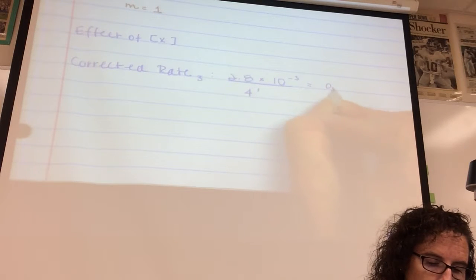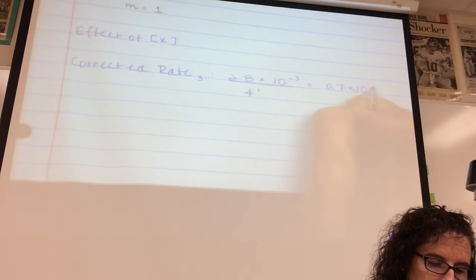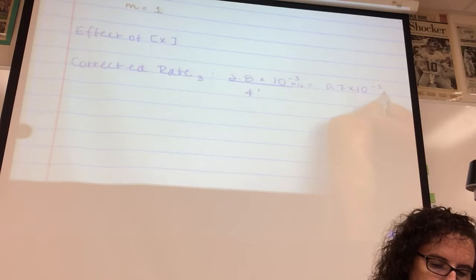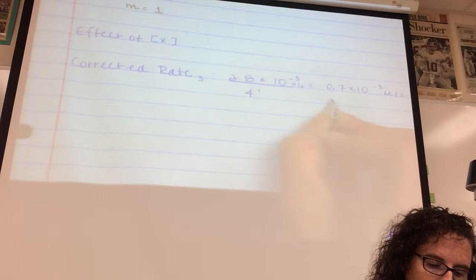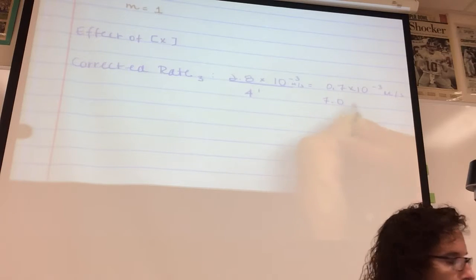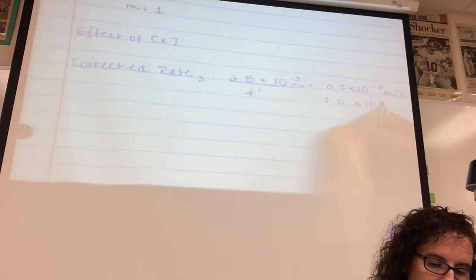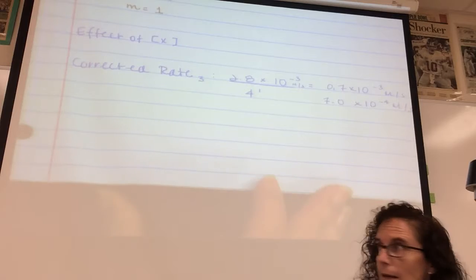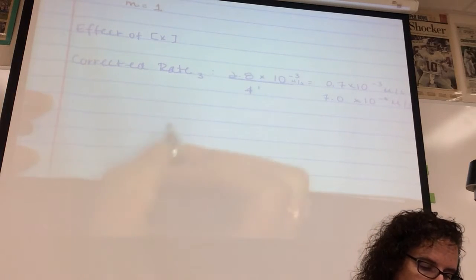That's going to be 0.7 times 10 to the negative third, and this was molar per second. And that is 7.0 times 10 to the negative 4 molar per second. That's my corrected rate 3. And now I'm ready to rock with it.